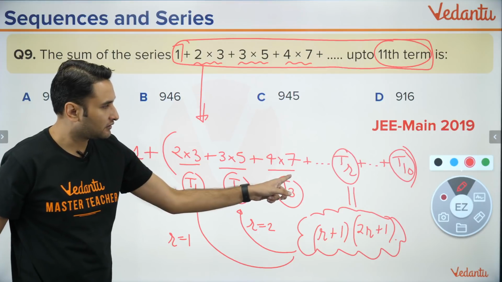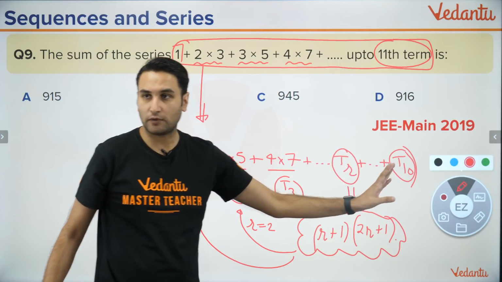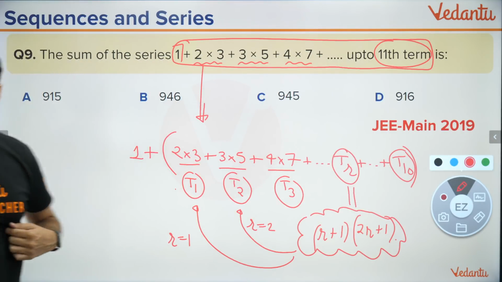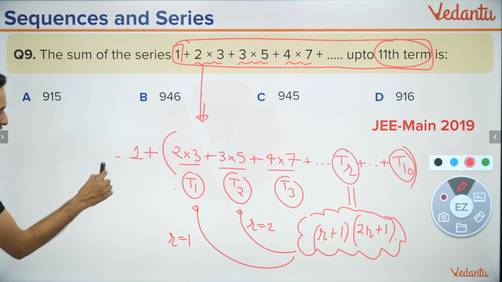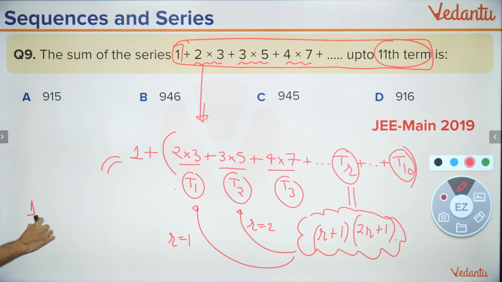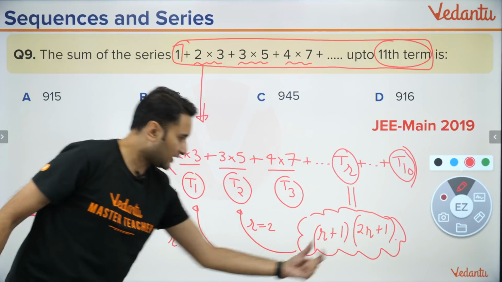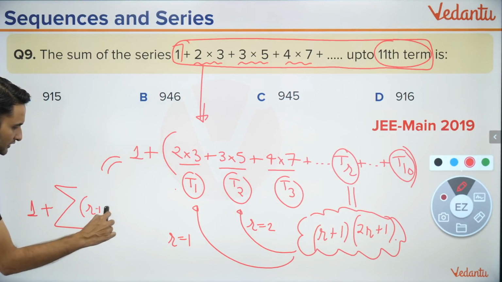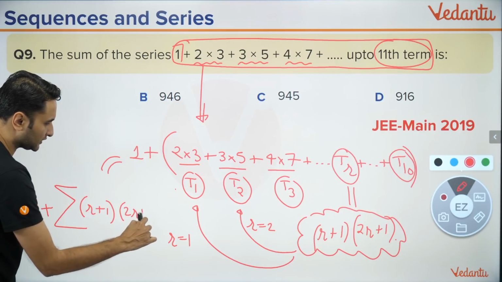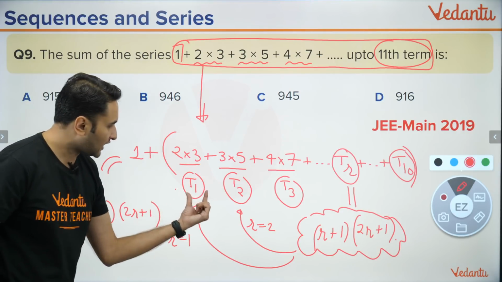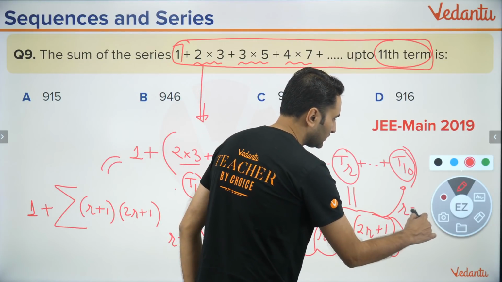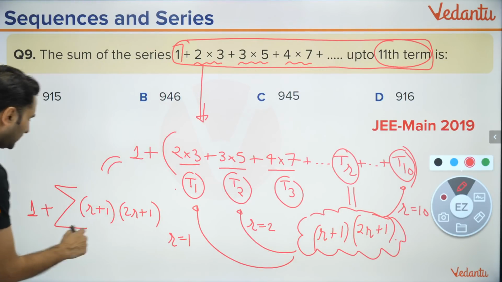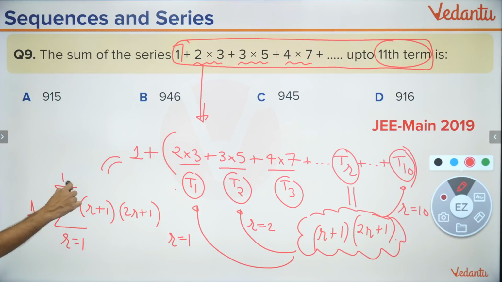Put r is equal to 3 and similarly you can get the 10th term also. आ गया. Now अगर आपके पास rth term आ गया ना बच्चों, so this problem can be written as 1 plus sigma of the rth term, that is r plus 1 into 2r plus 1, where r starts from 1 and goes till 10.